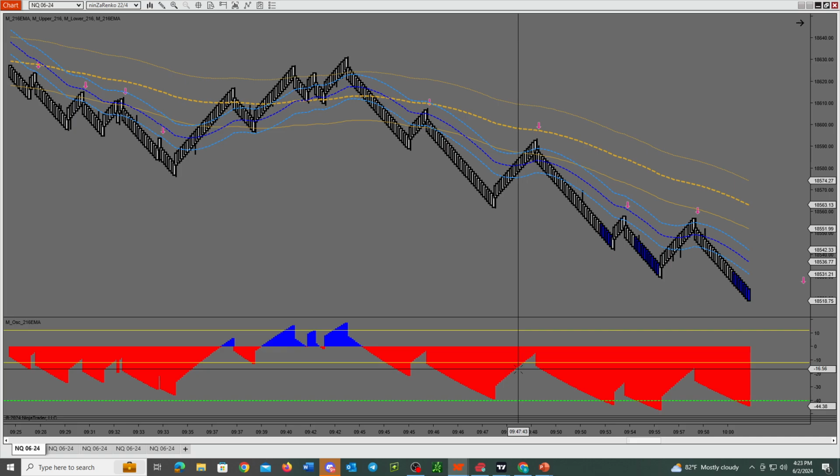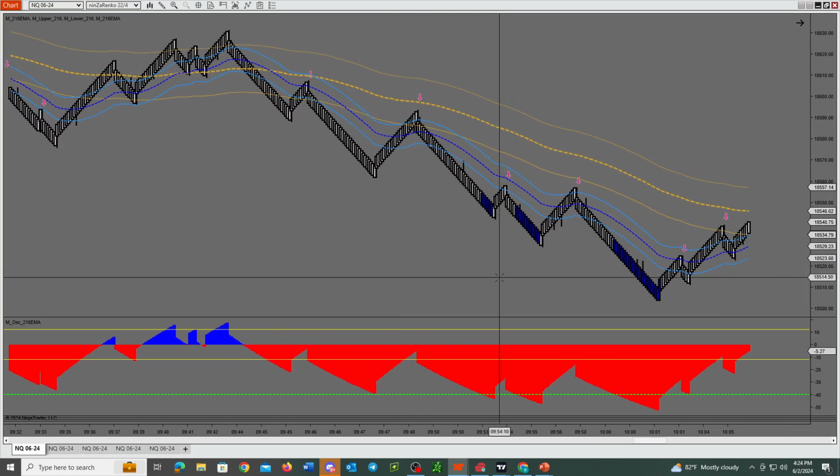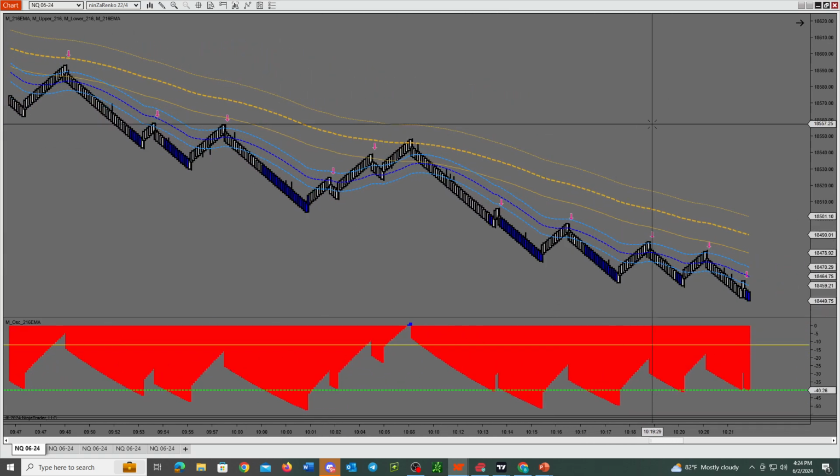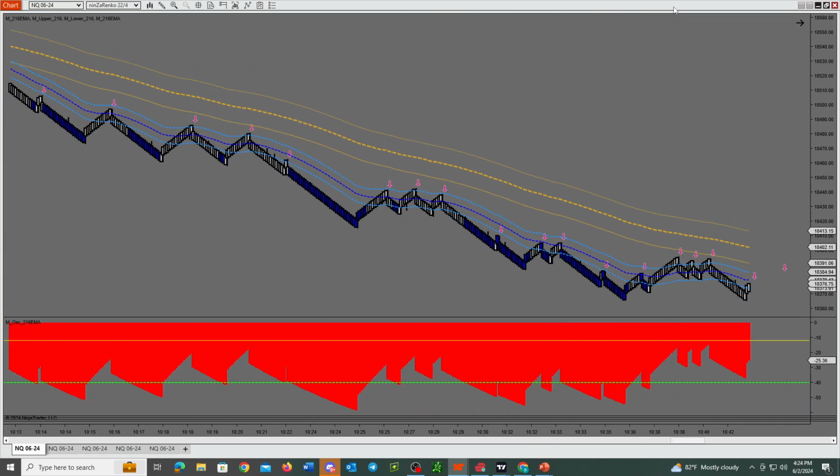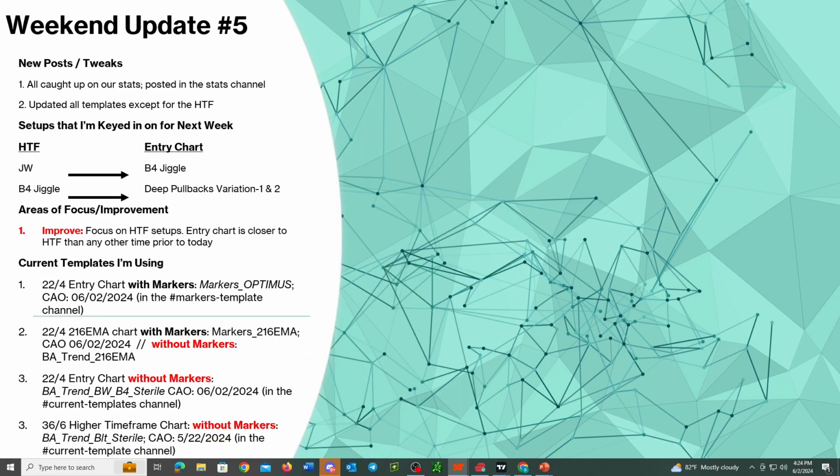In the EMA histogram indicator, it's a one period SMA or EMA subtracted from the 216 EMA. That's why I prefer this one: I can see those sharp pullbacks better in this versus the black and white model or the BLT histogram model. So that's pretty neat. That's that chart.